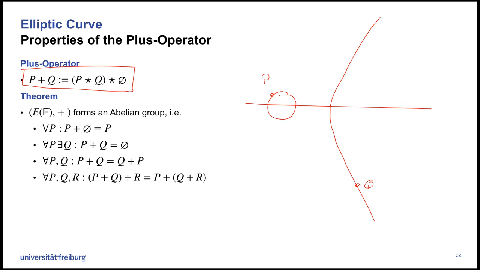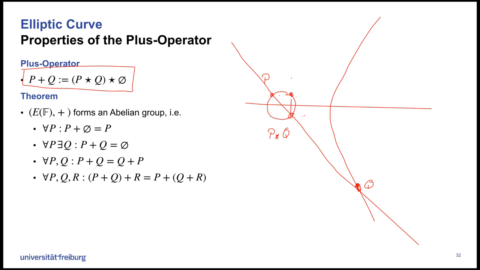The star operator is, I'm looking at this line here, going here. Basically this hits this point. That's by definition. So this point will be P star Q. Then we have to do the star operator with infinity, where we map it on the other side.